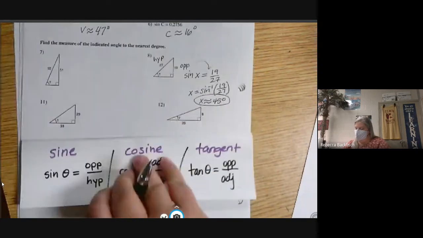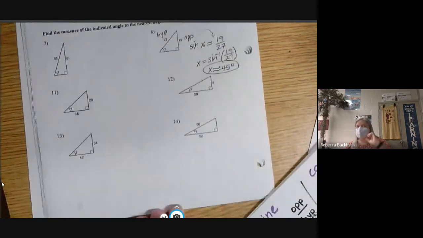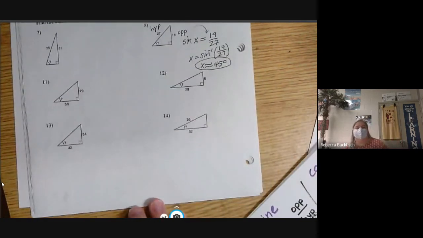All right, let's look at number 11. The first thing I want you to do is figure out which trig function, sine, cosine, or tangent, we're going to use in number 11. Camila, what do you think?